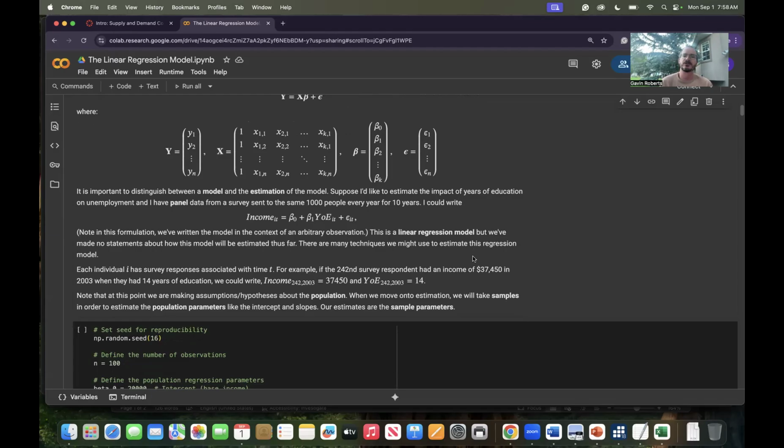It is important to distinguish between a model and the estimation of the model. That's a very important thing in econometrics. That gets muddled, I think, a lot in computer science and more statistical applications. Econometricians focus on this part a lot. We really care about the underlying model before the estimation.